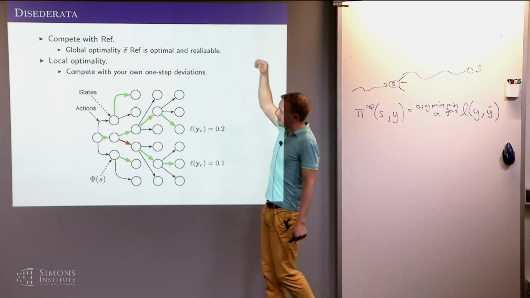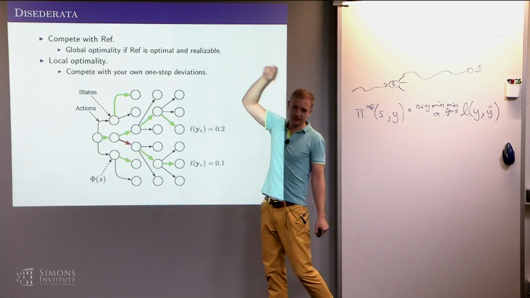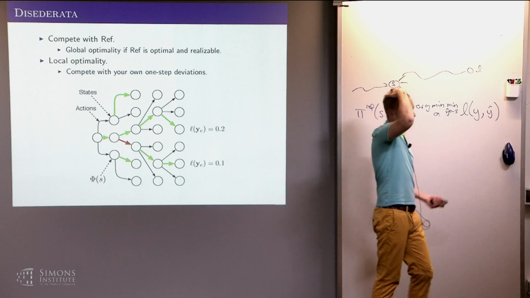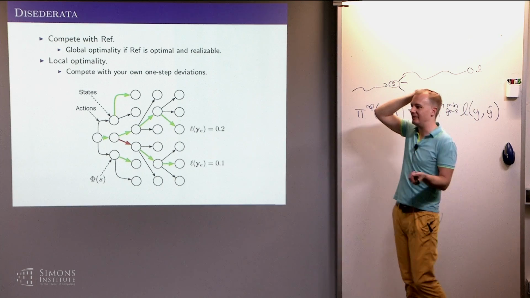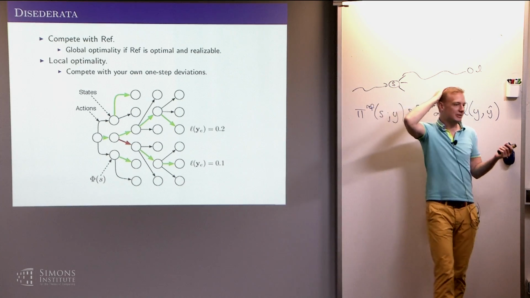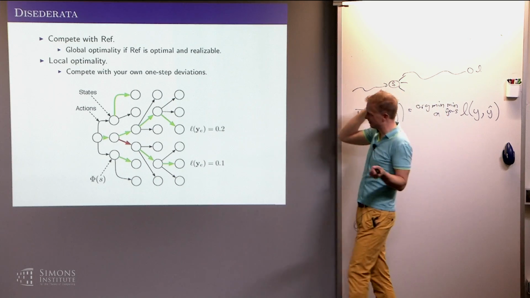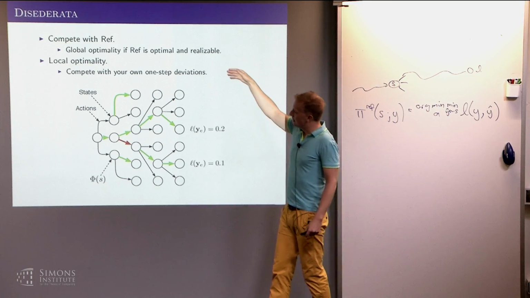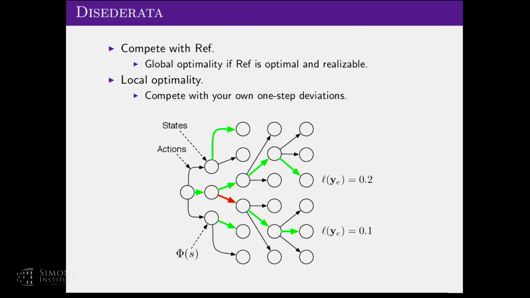So we would like to still be competitive with the reference. So if the current web page layout on Le Monde is optimal, I'd like to still be optimal. Right? So that's certainly something that I would like. Maybe I would also like some notion of local, okay. I would really like global optimality. I will tell you now, you're not going to get it.